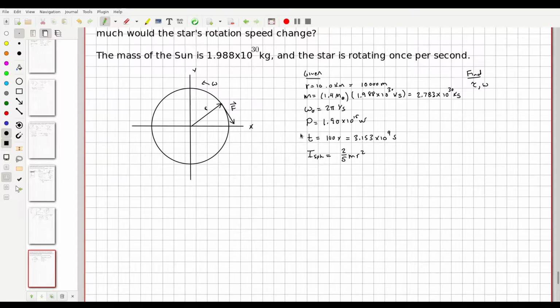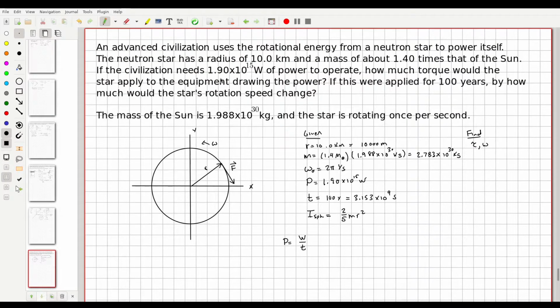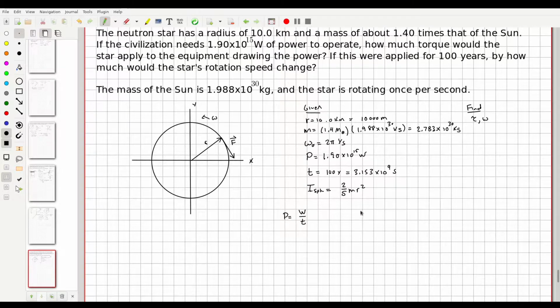All right, so here's what we know. We have power. Power, we know, is work over time. Now, if this thing needs to produce 1.90 times 10 to the 15th watts of power, what that means is it needs to produce 1.90 times 10 to the 15th joules of energy for every second.